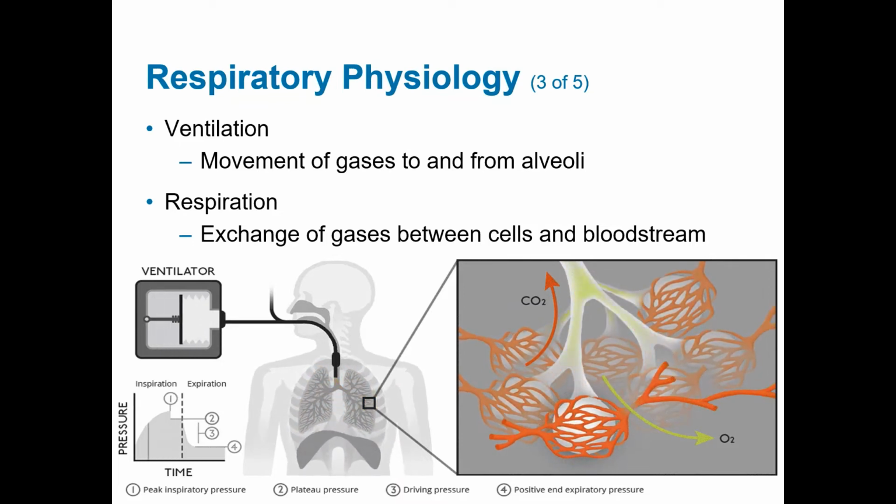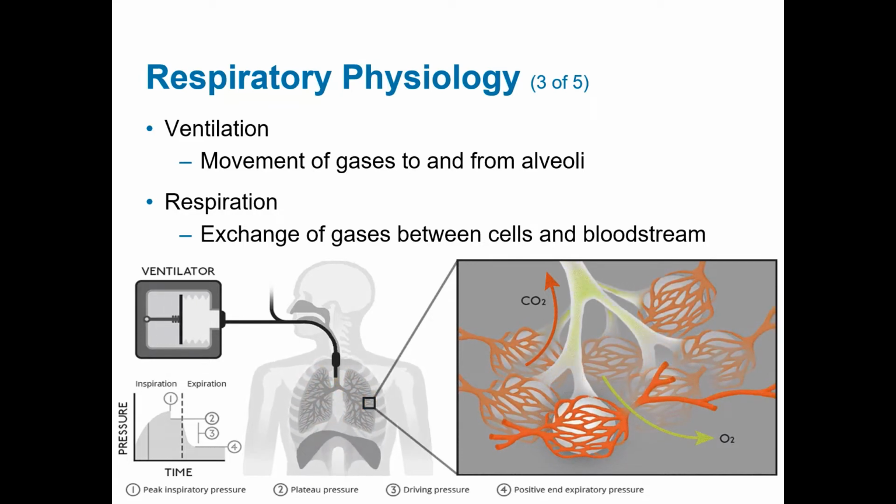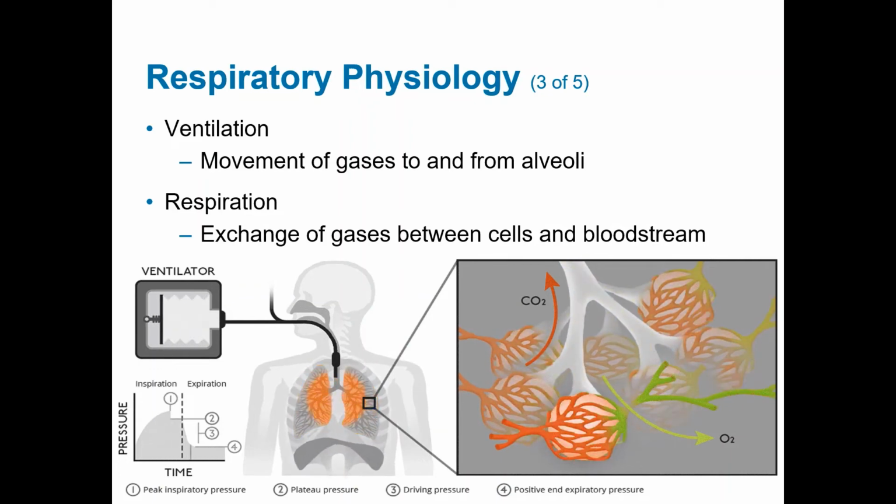When I talk about regular respiration, I typically talk about bringing air in and moving those gases between the alveoli and the bloodstream. You see here on the right side of your screen those grape-like sacs, which are called the alveoli. These alveoli fill with oxygen, and then there are capillary beds that surround these alveoli.